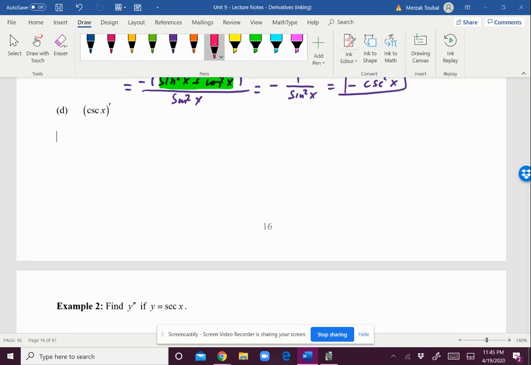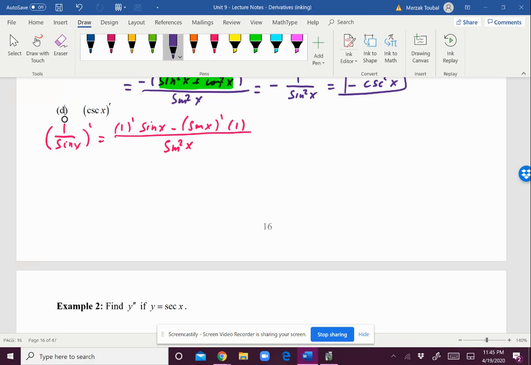So cosecant is 1 over sine. We're going to apply the quotient rule. So derivative of 1 times sine minus derivative of sine times 1, all divided by sine squared x. Okay.